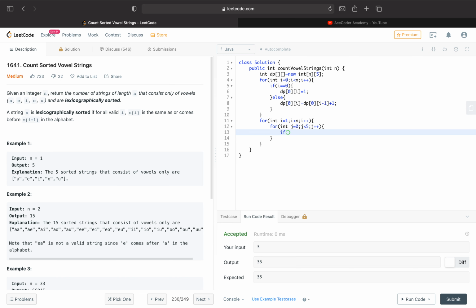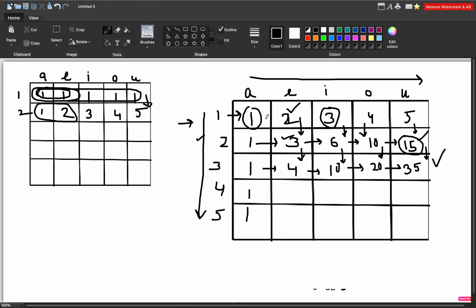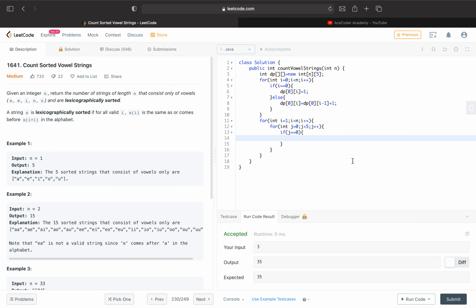If we are at the 0th column, then every time here the answer will be 1 only, so we store dp of I of j is equal to 1. Else, dp of I of j is equal to dp of I minus 1 of j plus dp of I of j minus 1.